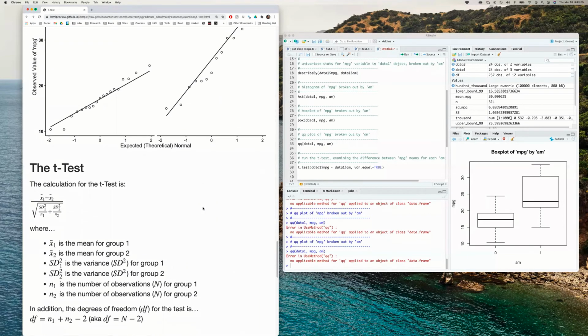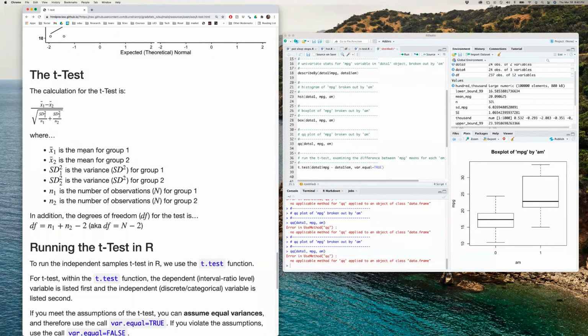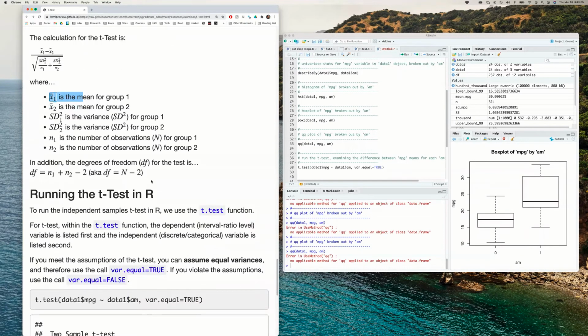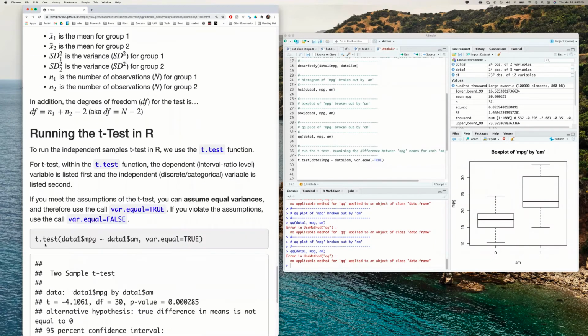So we can take this information and then throw it into a t-test formula, right? So we have mean, variance, n of each group. We have the degrees of freedom, n of group 1 plus n of group 2 minus 2, and we can run the t-test formula. The t-test formula is down here, t.test, and in that formula we have MPG as explained by the grouping variable AM, or manual transmission.